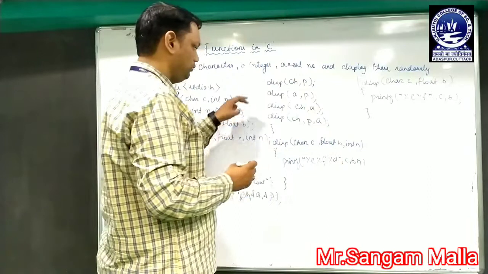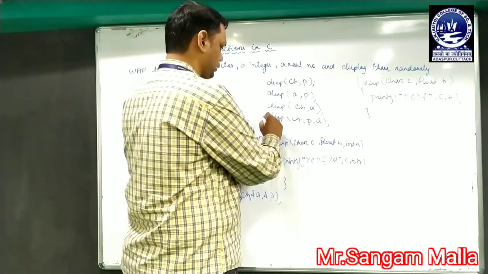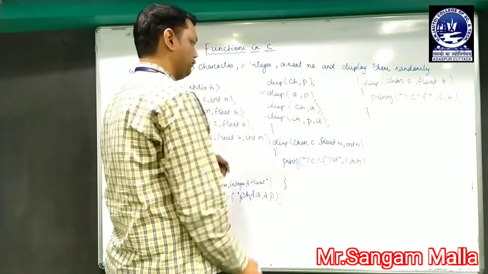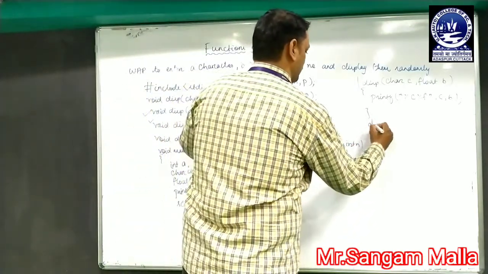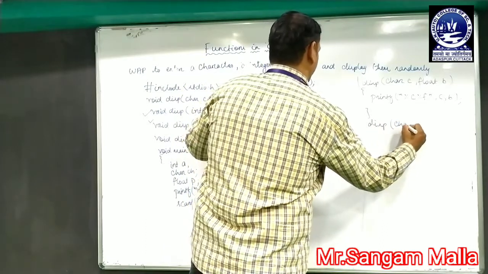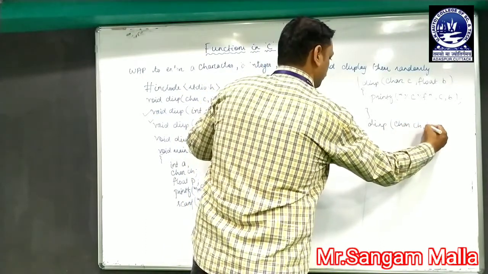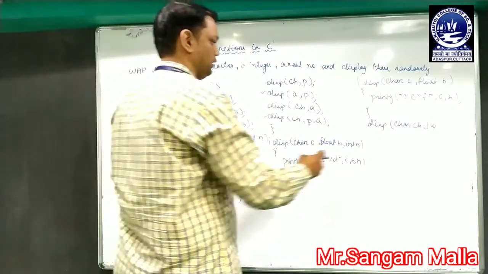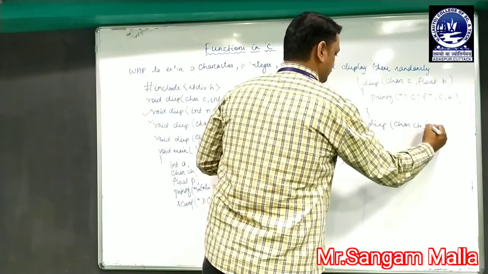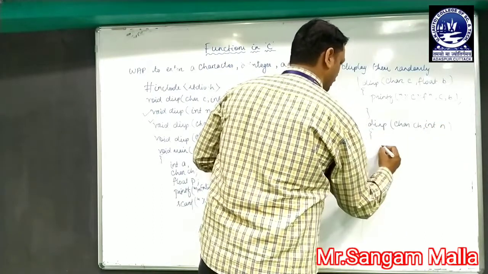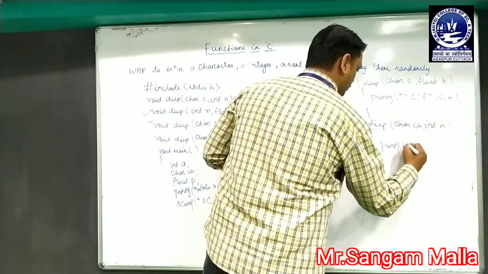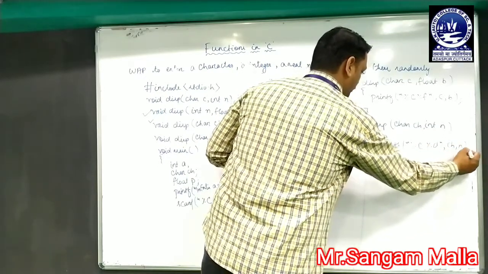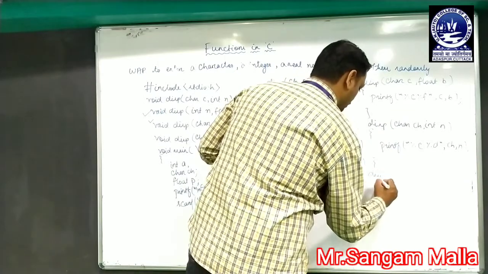Now we have already taken the float value, that is p. Now I will write display with character ch, and integer type, that is int n. It will print the value, printf %c, %d, ch, comma n. Now another one, display.